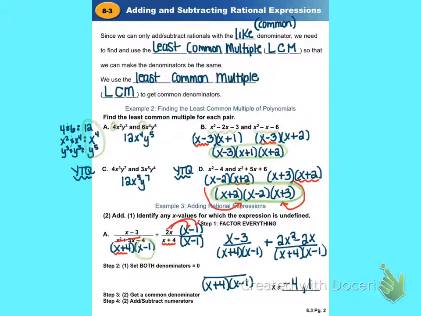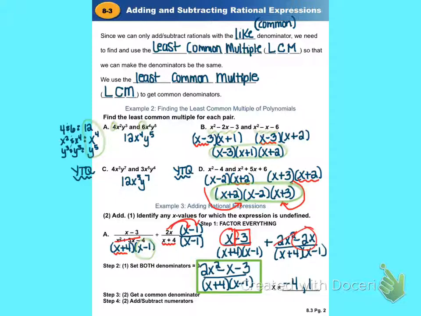There's only one x squared term. It's 2x squared. So I got that taken care of. And now I've got an x and a minus 2x. Put together, x and negative 2x make negative x. And then if I put the constant terms together, the negative 3, and there's not one in the second part, so it's just minus 3. And there is the sum of those two fractions.